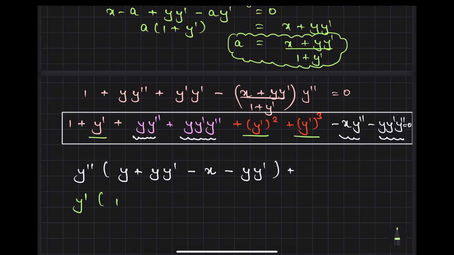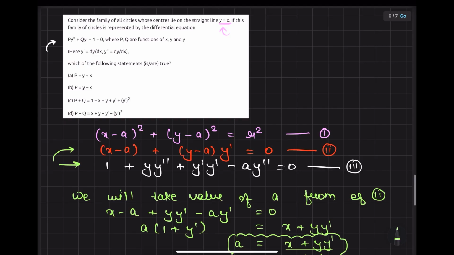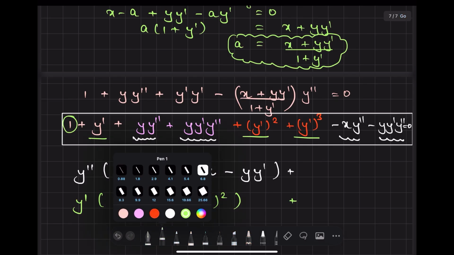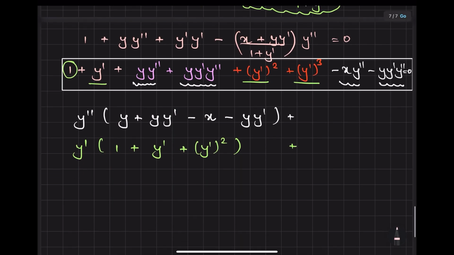So from the first component we have 1 y dash and then y dash square. Okay, and at the end we have 1. Yes, we have 1. So we have 1 equals to 0.